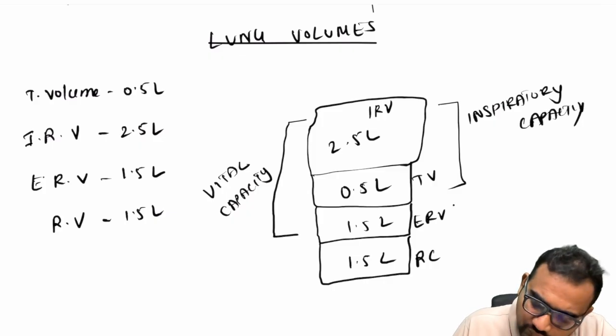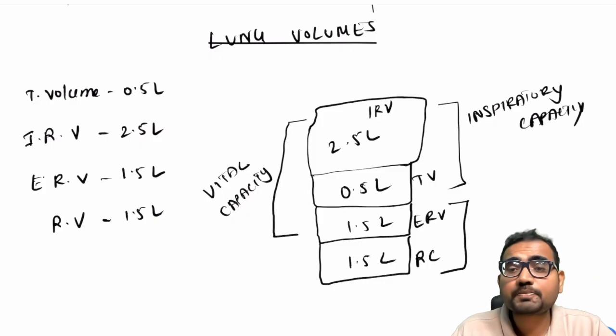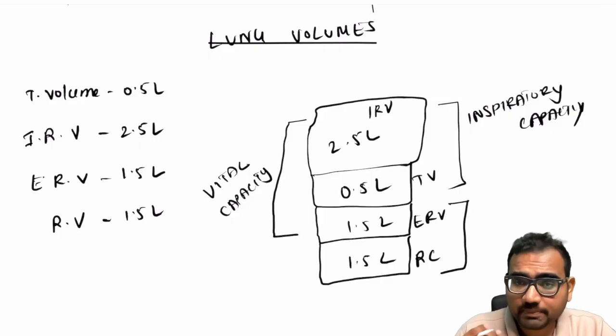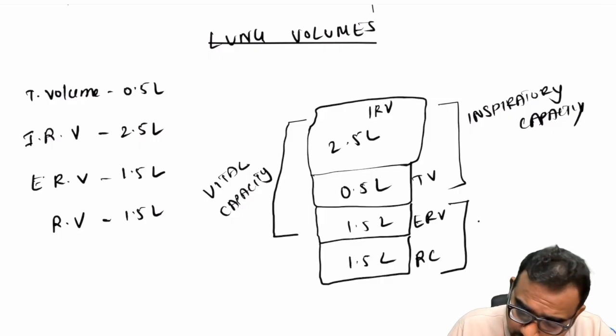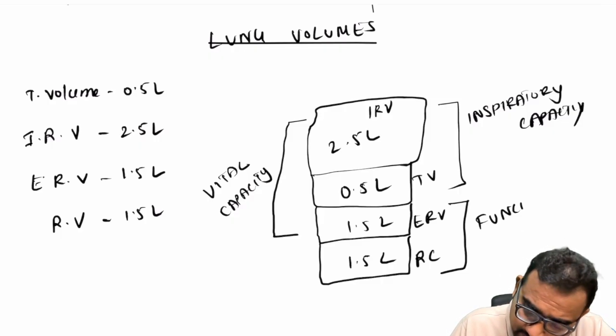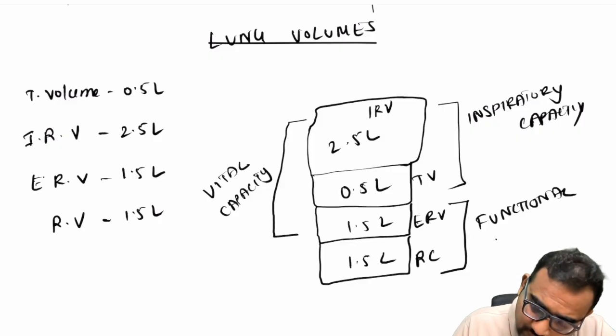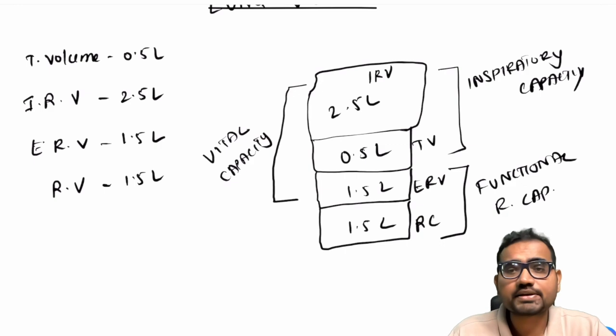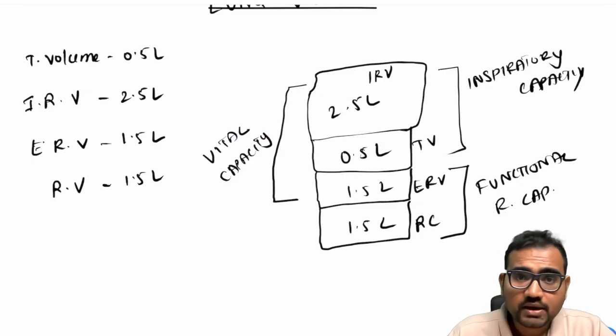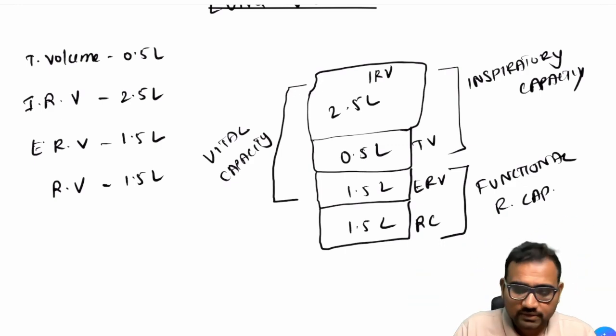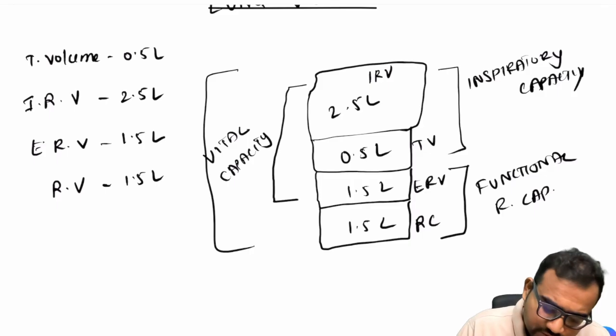The combination of the expiratory reserve volume and the residual volume is functional residual capacity. And the entire thing, the combination of all the four, is total lung capacity.